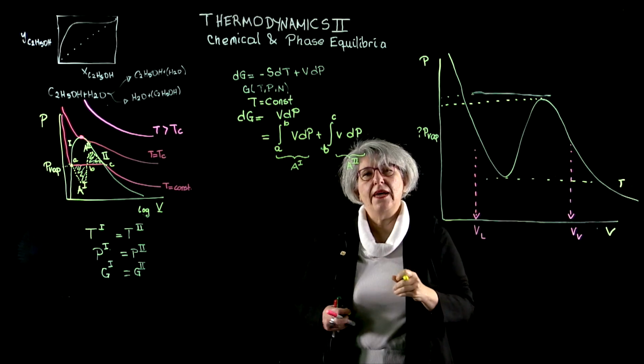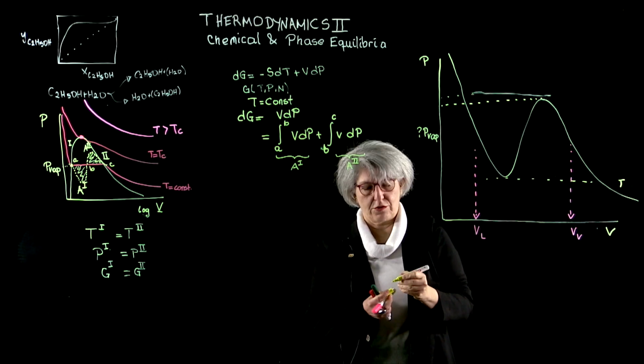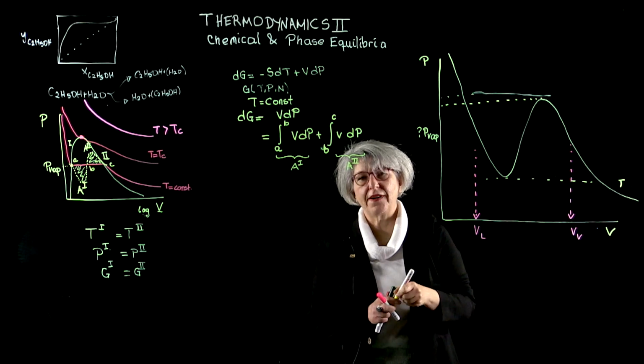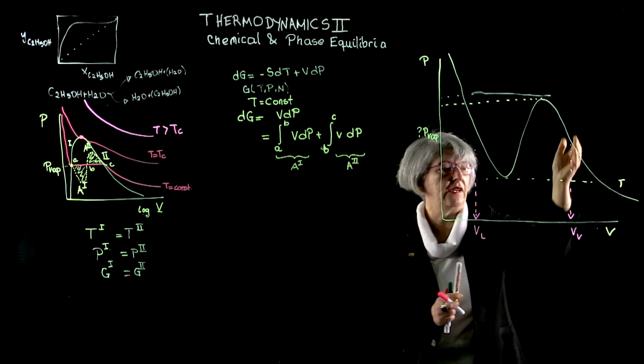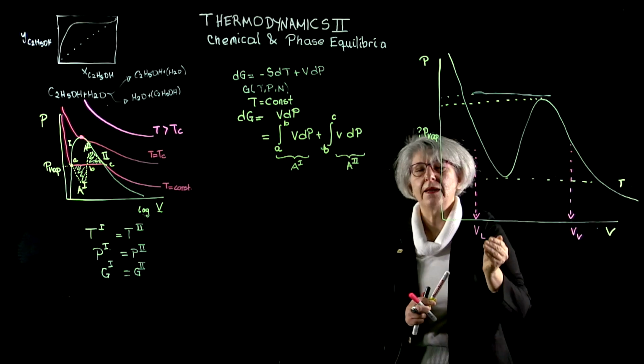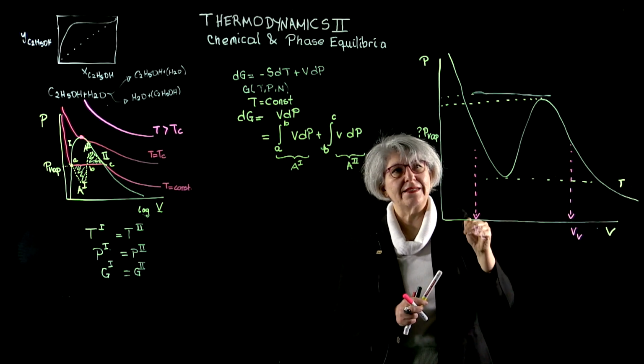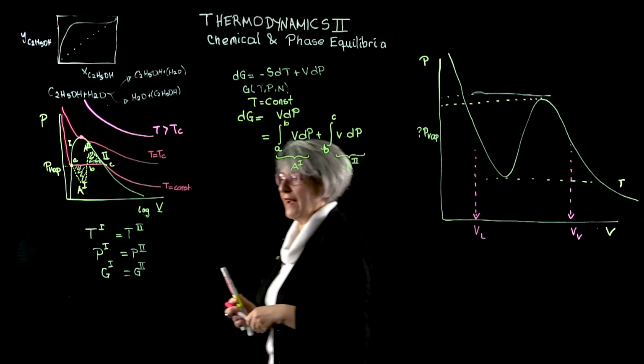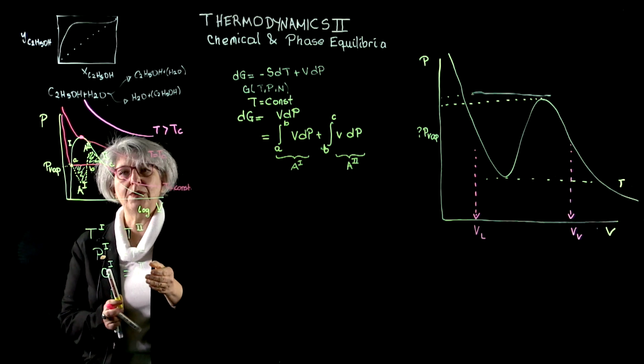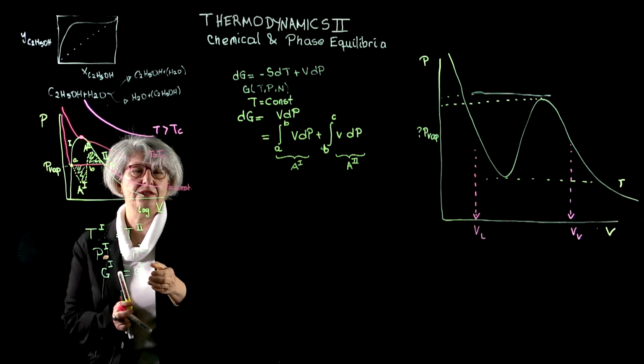Right? So apparently our problem is a little bit more complex than just simply finding a volume for liquid and a volume for vapor. That complexity simplifies when we have this constraint, equality of the Gibbs free energies.